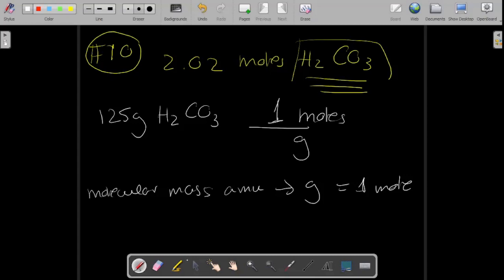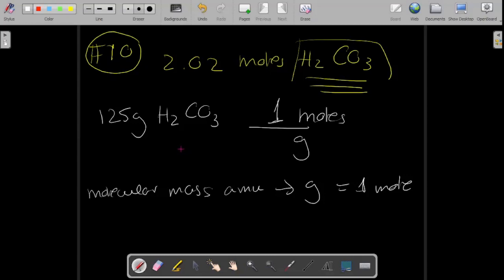That is what we have been practicing. This is what we have learned. That's what we're applying. So the first thing I need to do is find the molecular mass for this sample.